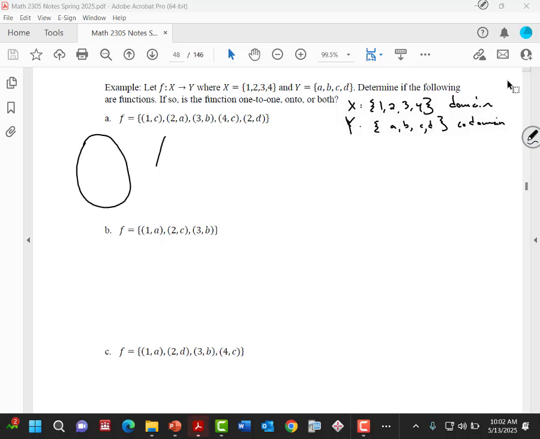One of the classic ways to take a look at a function is by what we call a mapping.